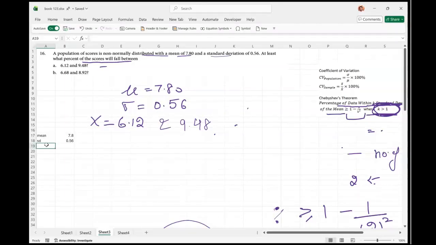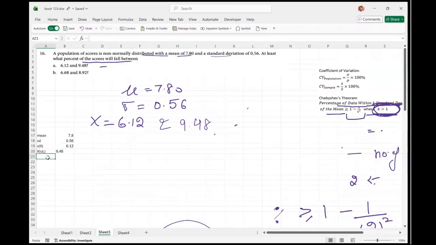So the standard deviation is here, and then what else is given to me? The X value lower limit, I'll call it lower limit, is 6.12, and the x upper limit, UL, is 9.48.